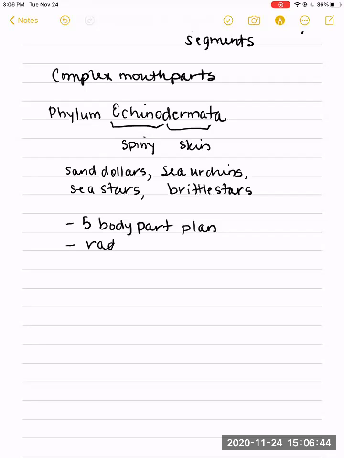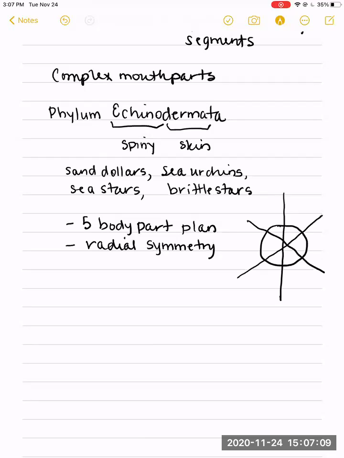They actually have gone back to having radial symmetry. So all of the organisms we've talked about, starting with Platyhelminthes leading up to this, all have bilateral symmetry. Now we're going back to organisms that have radial symmetry, which again means they're round in some way, and you can have 2 halves that are mirror images by cutting this a number of different ways.